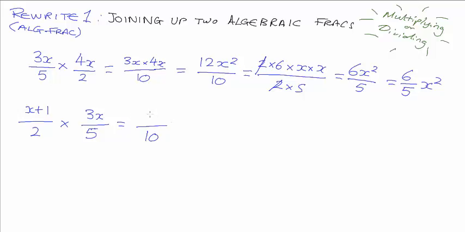The way we think about this is to think back to how normal fractions work when you multiply them. So if you do 2 over 5 times, say, 4 over 3. Now, we know that the top becomes the top things multiplied and the bottom becomes the bottom things multiplied.